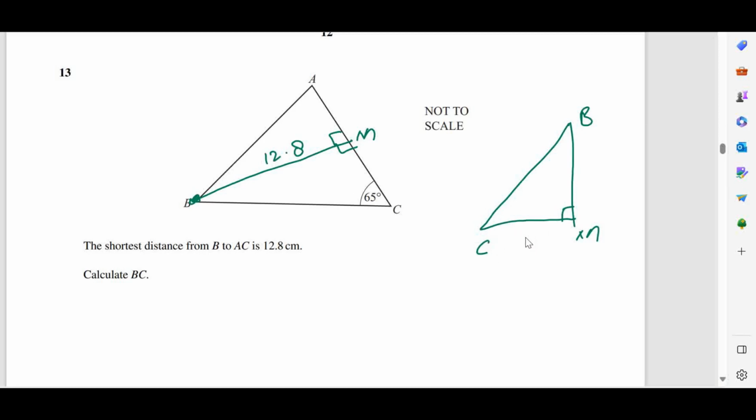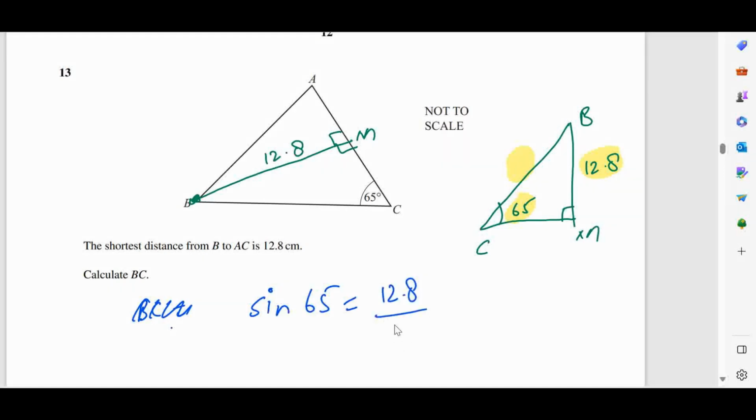We don't know about CM. This angle is 65 and this side is 12.8. So we have to find out the hypotenuse and the perpendicular is given to us. This 12.8 is the perpendicular, the angle is given to us, we have to find out the hypotenuse. So for BC, we can write sine of 65 equals perpendicular over hypotenuse.